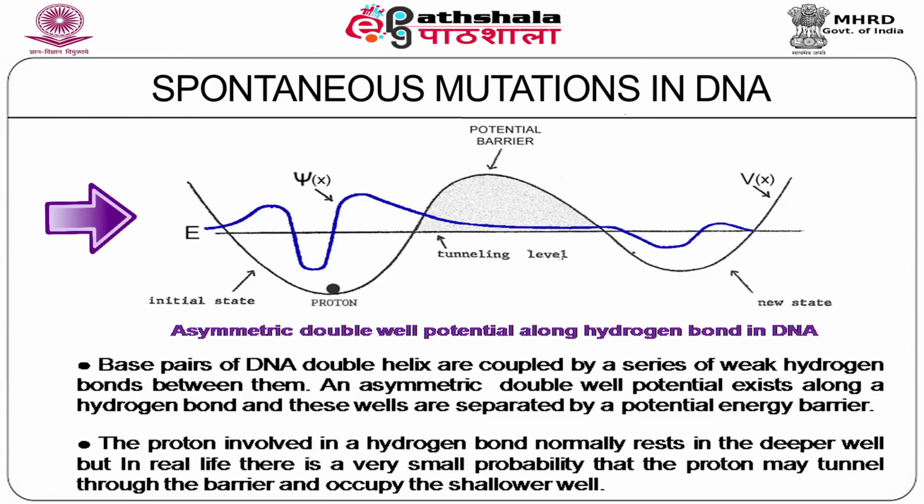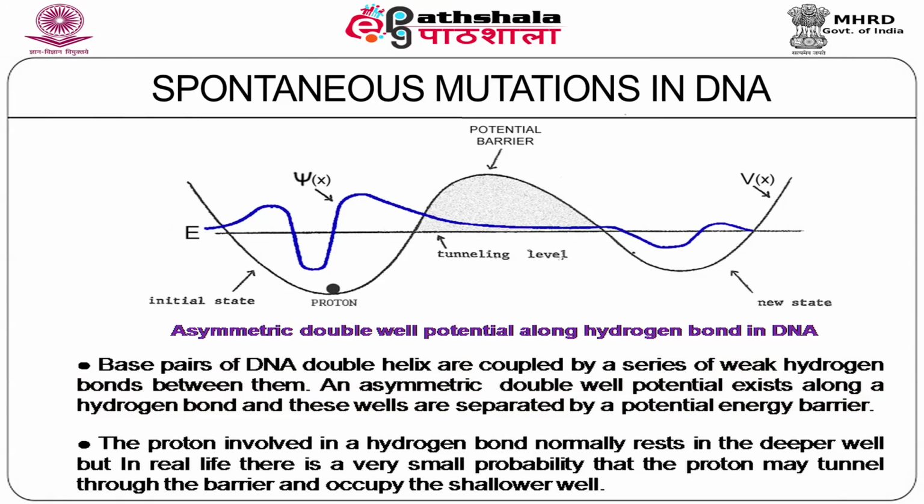The potential consists of a deeper well and a shallower well. Normally, the proton exists in the deeper well. Let me read out what you can see on the screen.